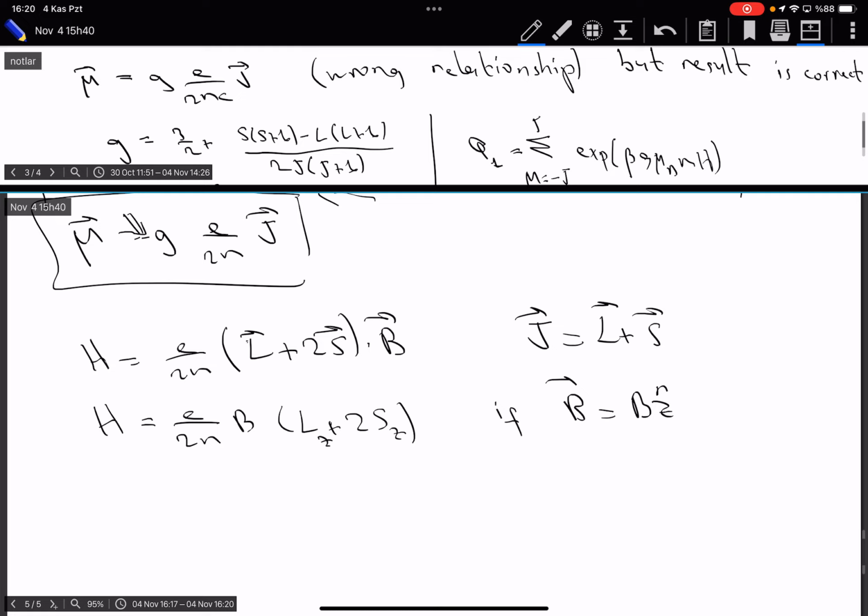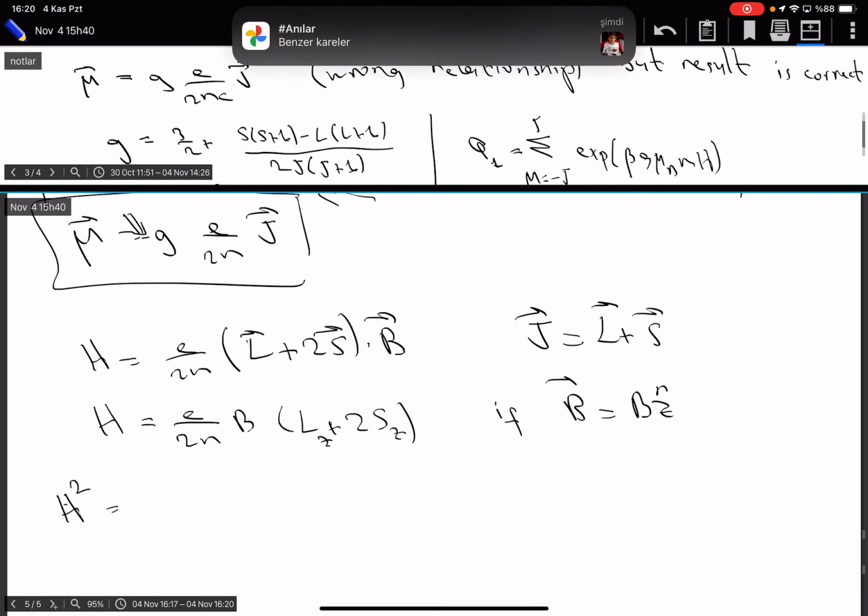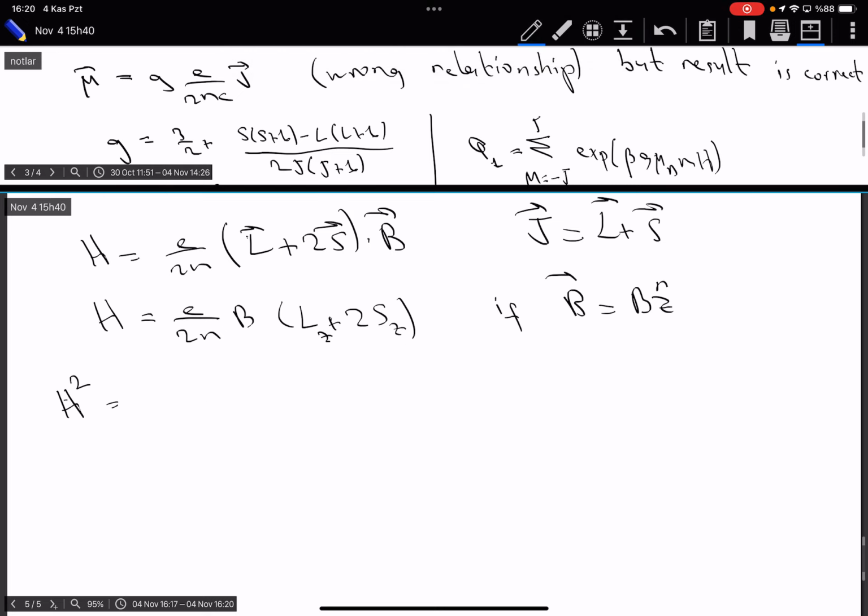So to calculate the energy eigenvalues, rather than looking at H directly, let's look at H squared. Well, H squared is (e over 2m B) squared.